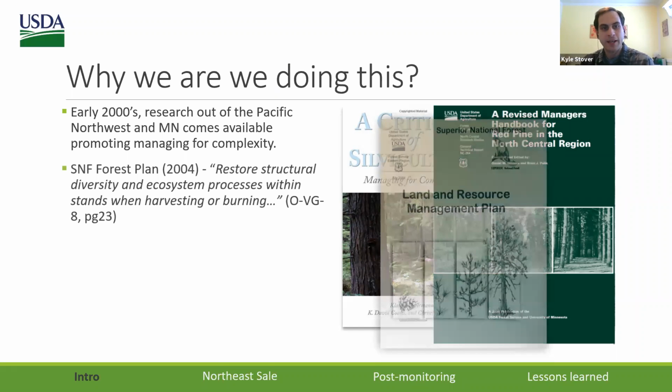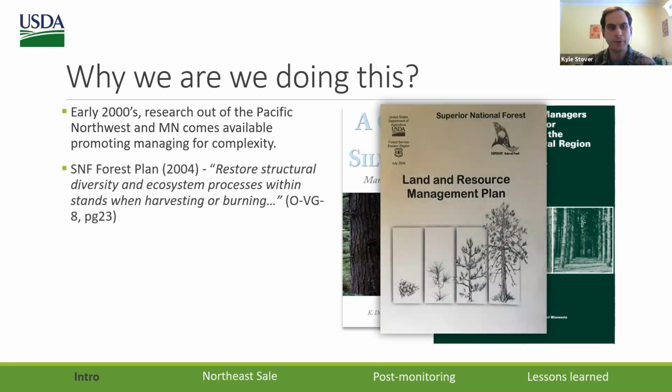Around the same time, the Superior National Forest Plan is coming along and relying heavily on research from ecologists like Lee Frelich about the natural range of historic variability. Now we're seeing this research transition into actual objectives for our management. Within that forest plan, restoring structural diversity and ecosystem processes is becoming management direction.